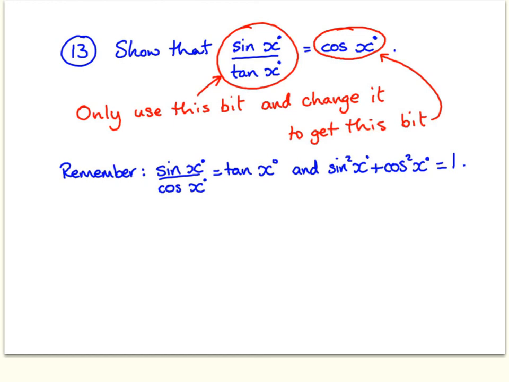So we need to choose one of these two, either this one or this one, to incorporate into this bit here. Now, hopefully you can see that there's no sine squared and cos squared in this left hand side, but there is tan, which we can replace it down here with sine over cos.